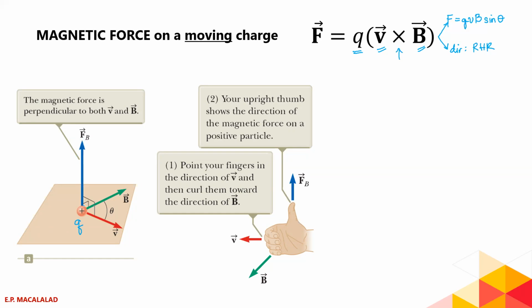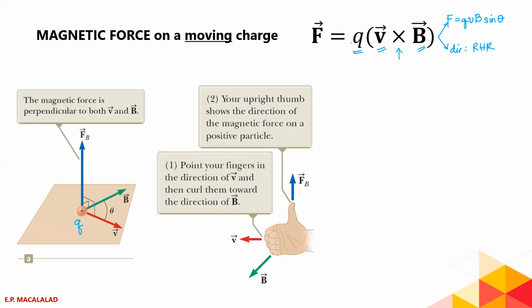It is important to note here that because it's a cross product, the direction of the magnetic force is perpendicular to both V and B, to the velocity and the magnetic field. So you will notice that this is a vector quantity.